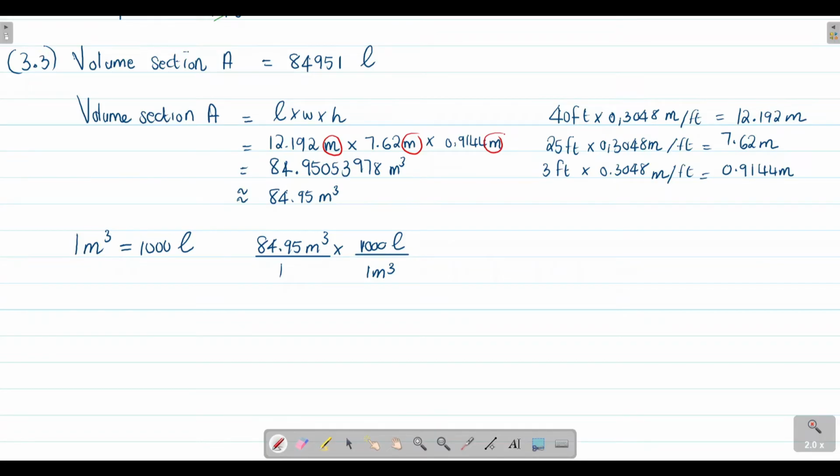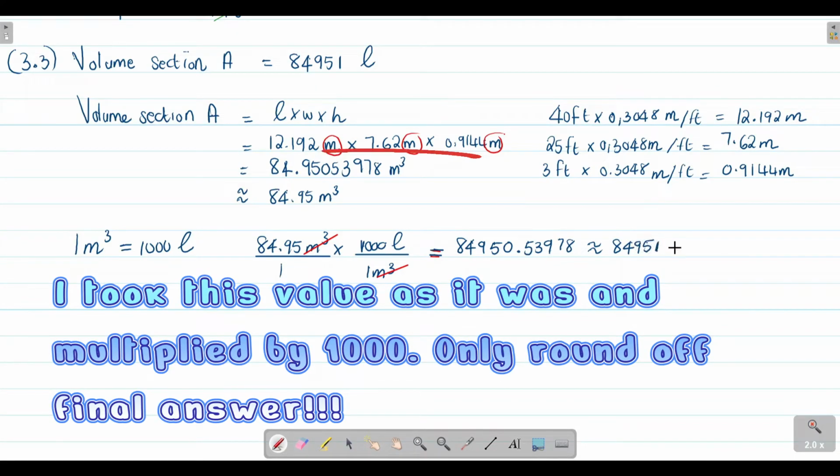Your meters cubed cancel, and the answer you'll have is in liters. So you'll have 84950.53978, which is approximately 84,951 liters. That is how they got the volume for section A of the pool.